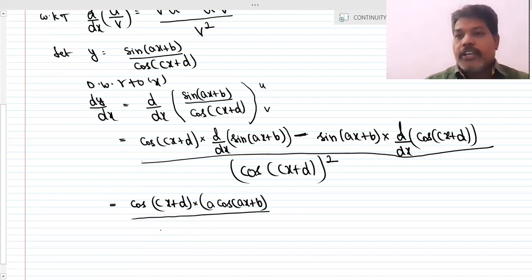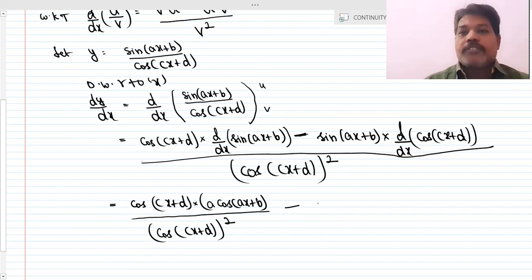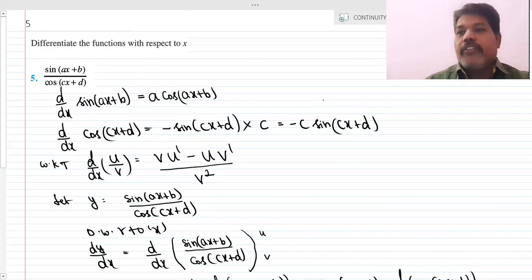By, I will take this value here, students. So cos of cx plus d whole square, minus sine of ax plus b into the derivative of cos of cx plus d.